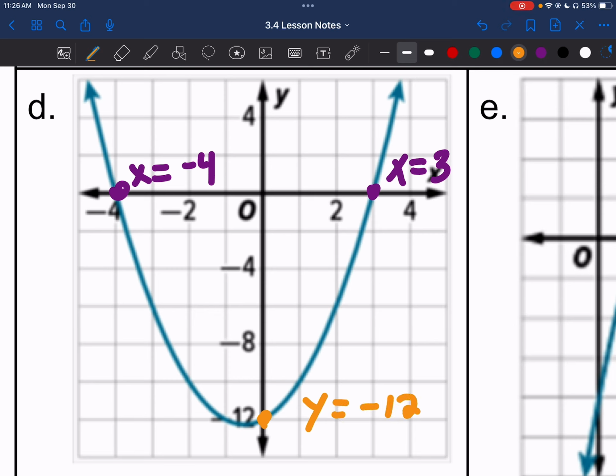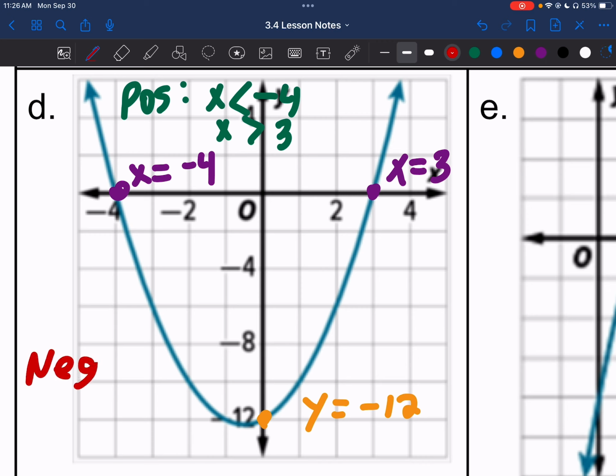The function is positive when x is less than -4 or x is greater than 3. It is negative when x is between -4 and 3.